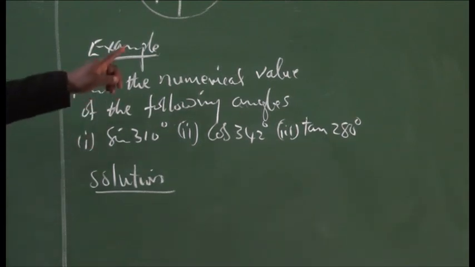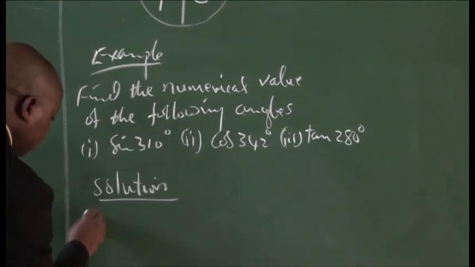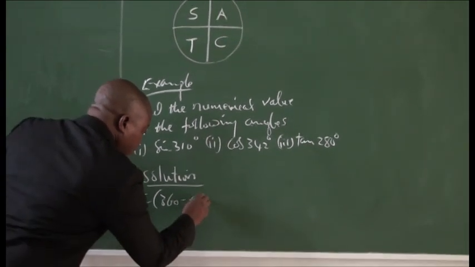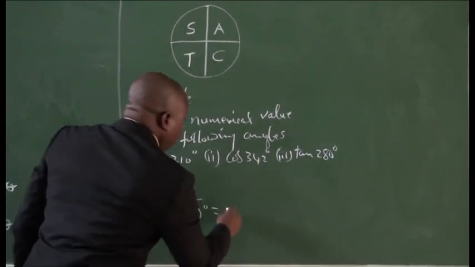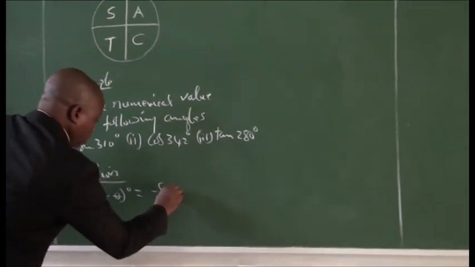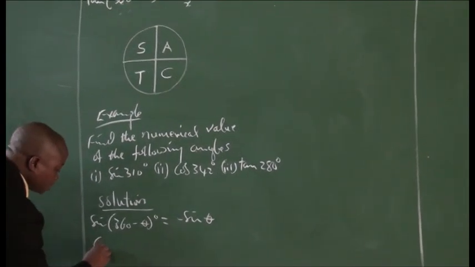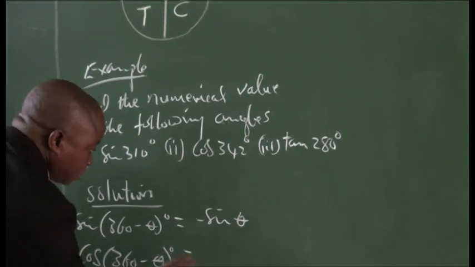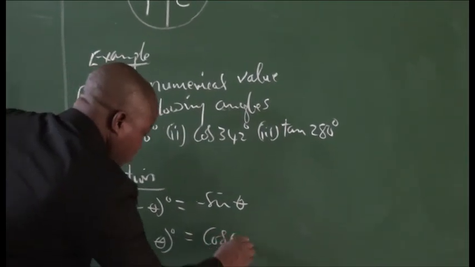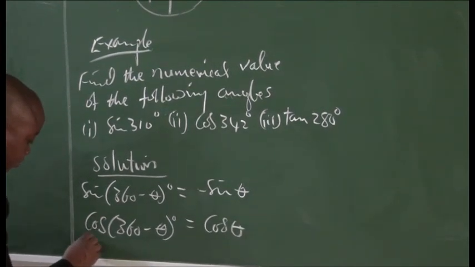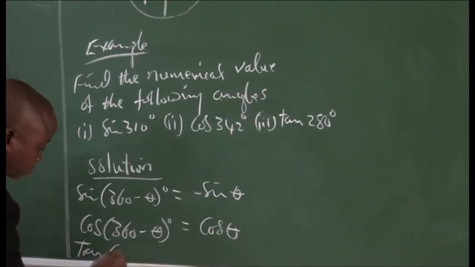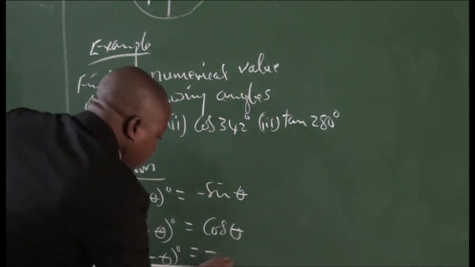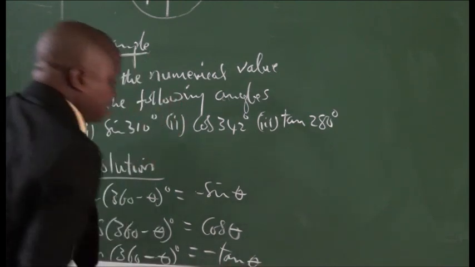By definition of the fourth quadrant, we know that sine of 360 minus theta will be equal to minus sine theta, and then cos of 360 minus theta degrees will be cos theta. Tan of 360 minus theta degrees will be minus tan theta.